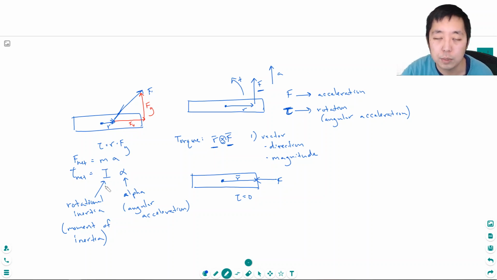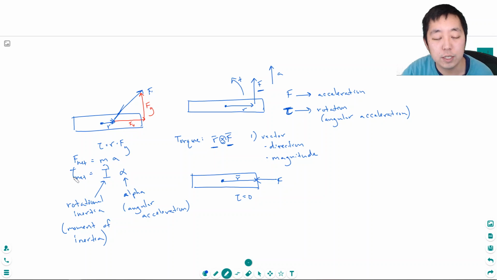In a more advanced mechanics class, you would compute I. In a lot of college physics classes, you will have to compute the moment of inertia. But for now, you're not going to have any problems that ask you to solve for I. It's given to you, kind of like the mass of an object is given in a problem. It would be a property of the object itself.